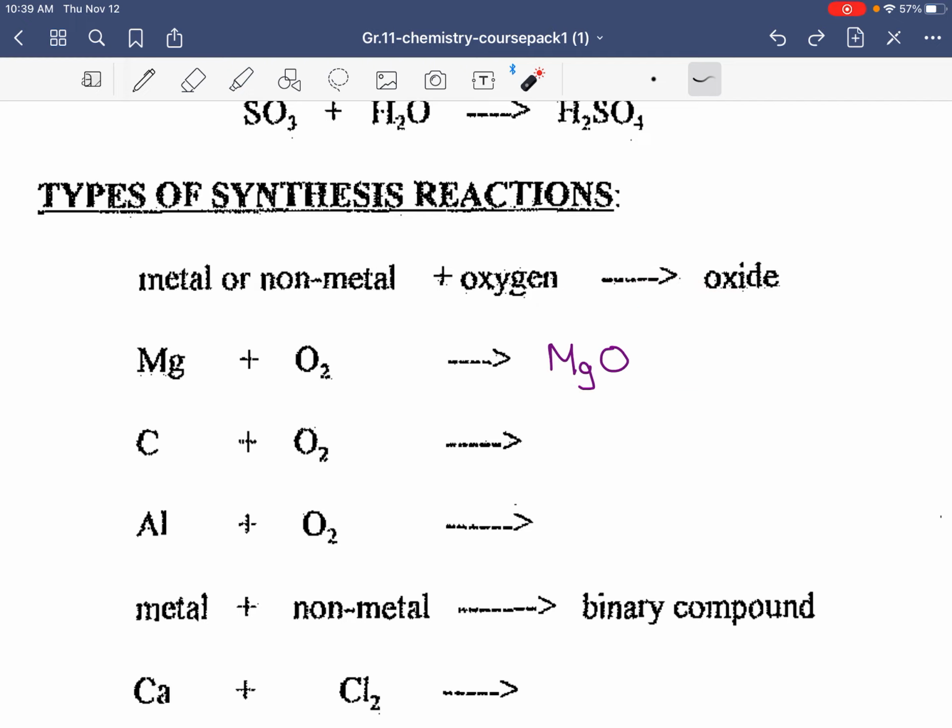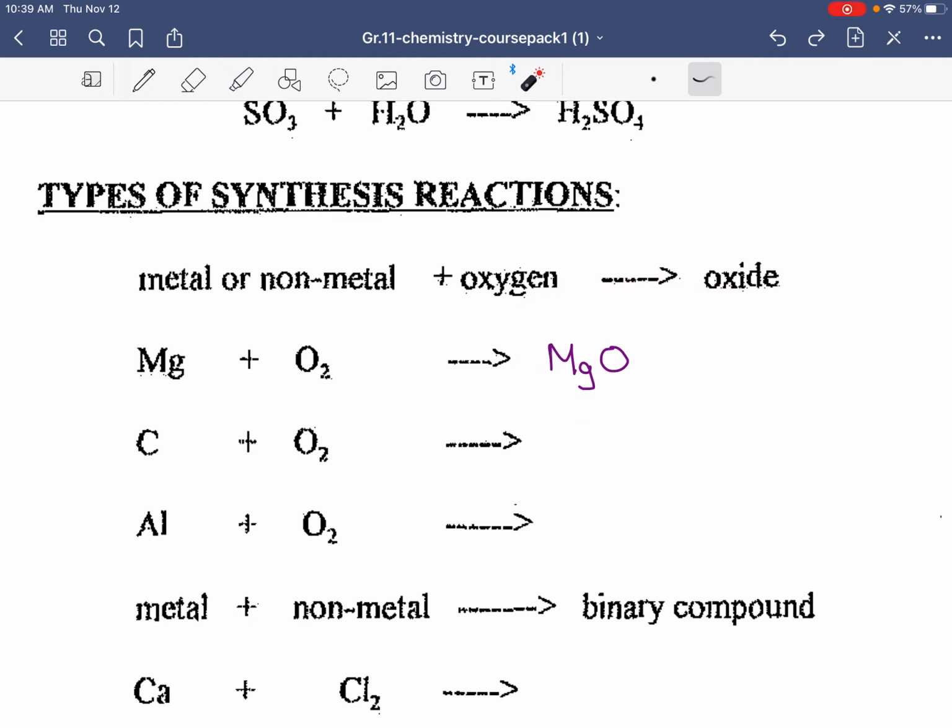Like how energy is conserved before and after a reaction, mass is also conserved, meaning that the total number of particles here has to equal the total number of particles here.